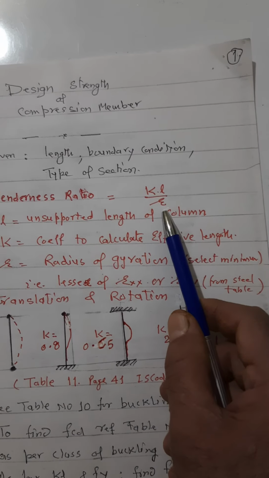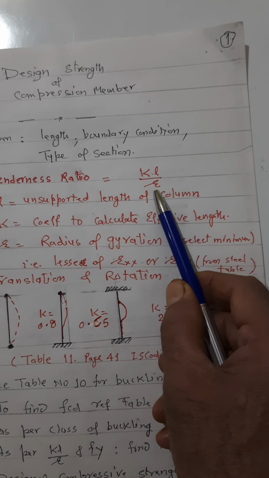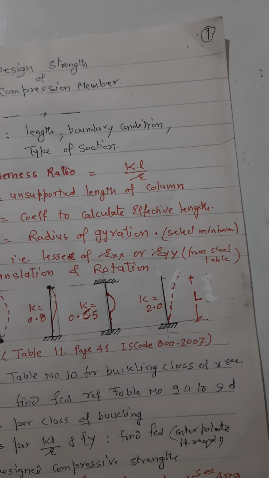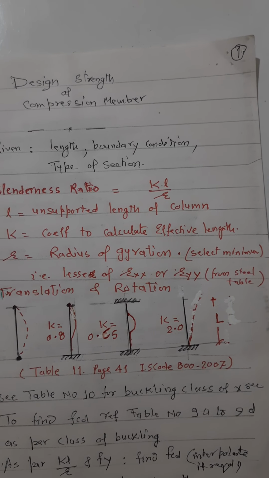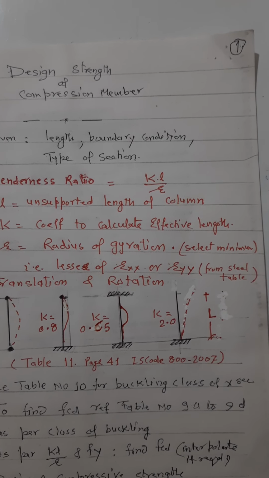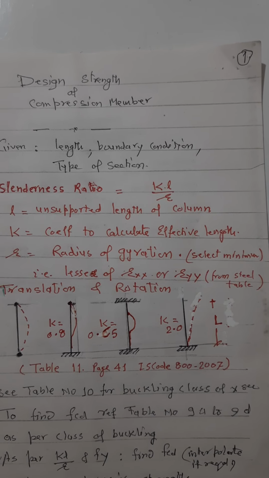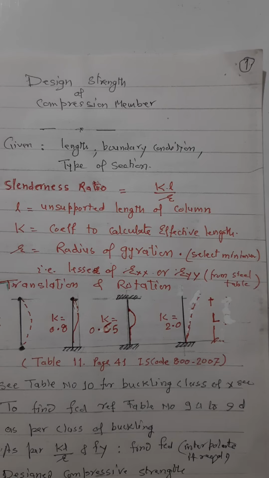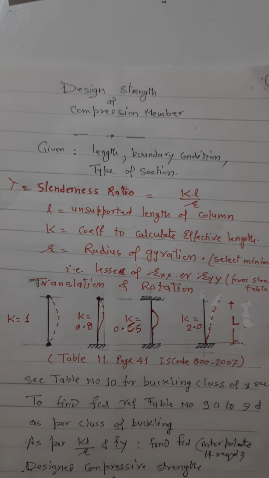This is to be selected as r minimum. So KL upon r, where KL is the effective length of the column divided by r minimum, the minimum radius of gyration, is known as the slenderness ratio, denoted by lambda.